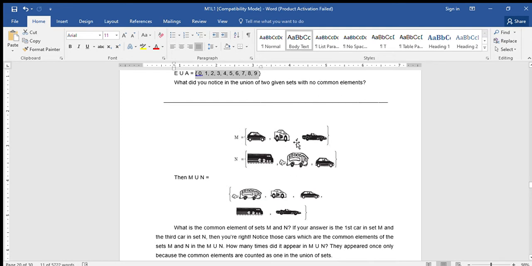So, unsa may dyan na notice? Naba siya common elements? Tanawa daw ang mga car nga naa sa M o N. Nabay pareha? Kining first one here and the last one here. So pag abot sa M union N, dari lima rakan. Nganong na lima rakan man? Nga uno man diri.